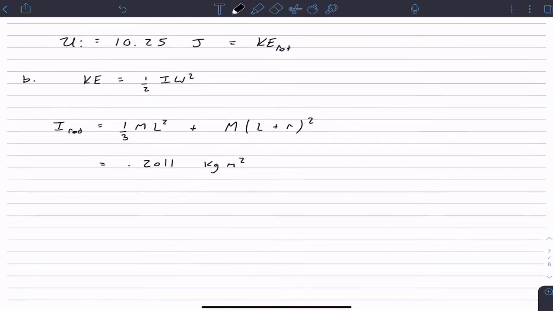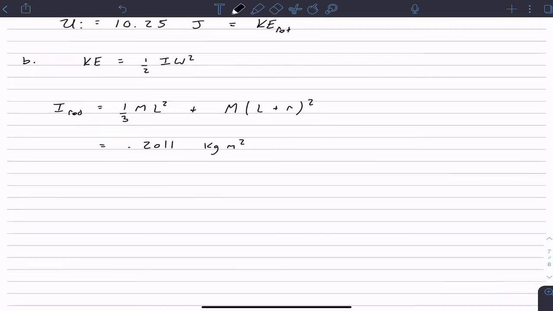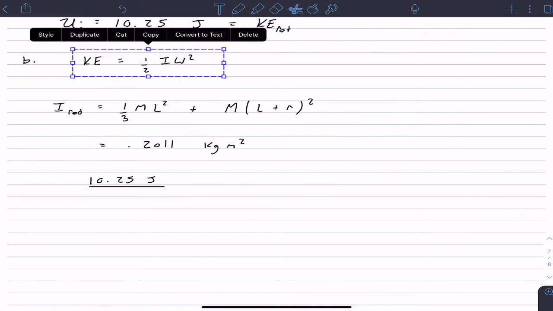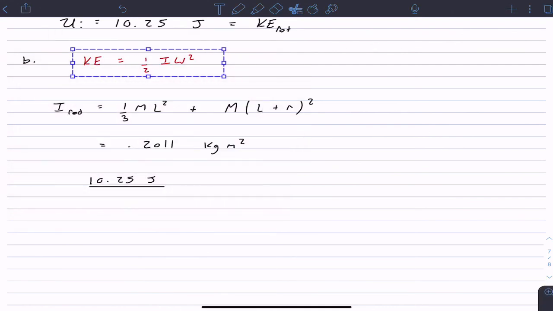Okay, so that's the inertia for the system, and so we have 10.25 joules. We're going to take this to the other side. Remember that I'm using this equation. Now I'm just solving for the angular speed, because that's what we're asked to find.